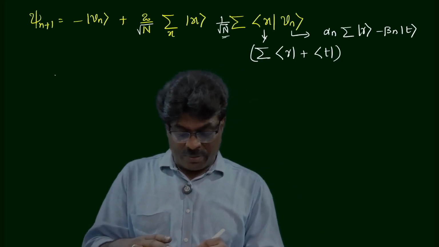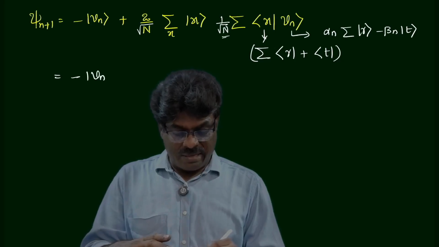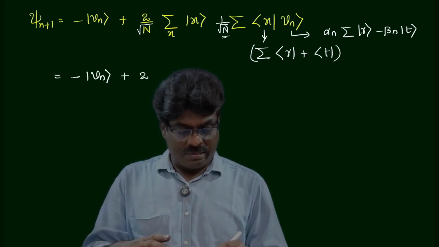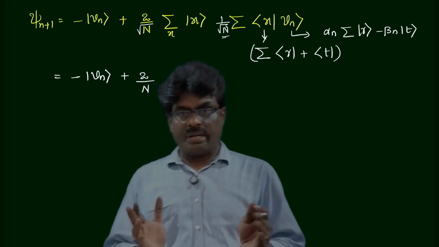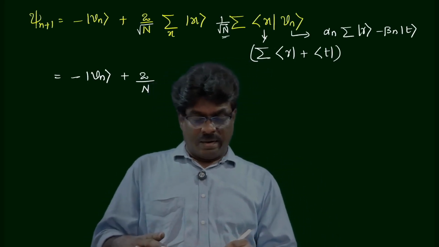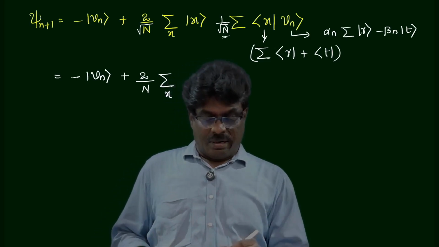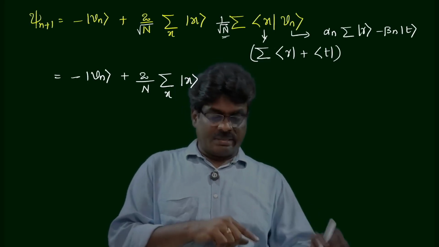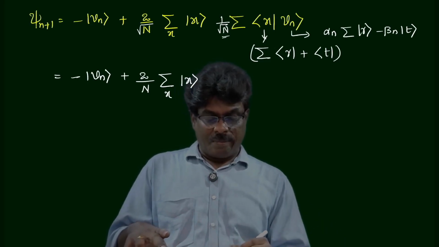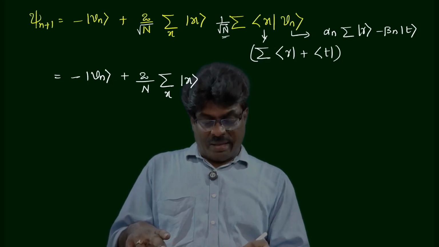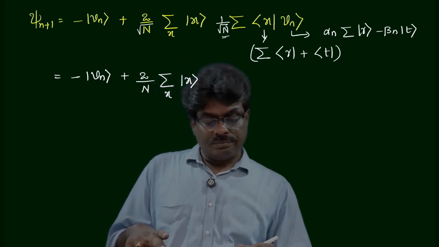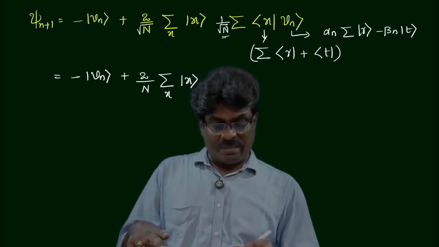Now I'm going to rewrite this minus Vn plus, here I'm taking n, root n into root n, that is n, and this summation is as usual, I'm not disturbing it, and I will write this x again. After this, we are just going to multiply this.